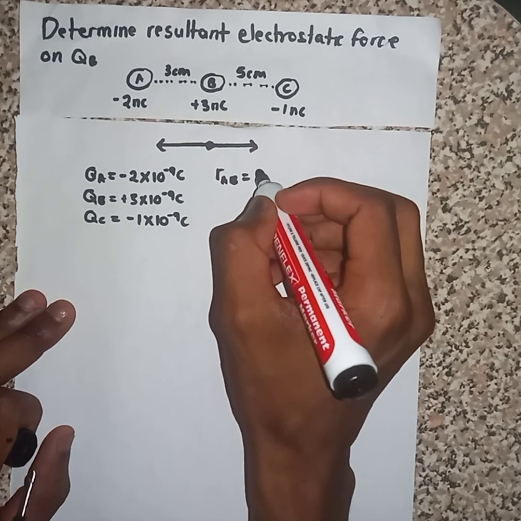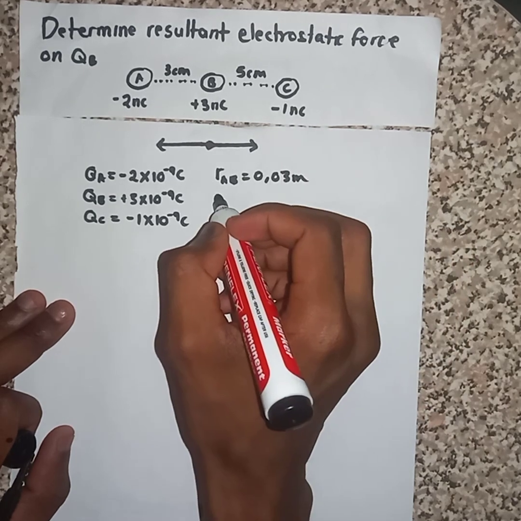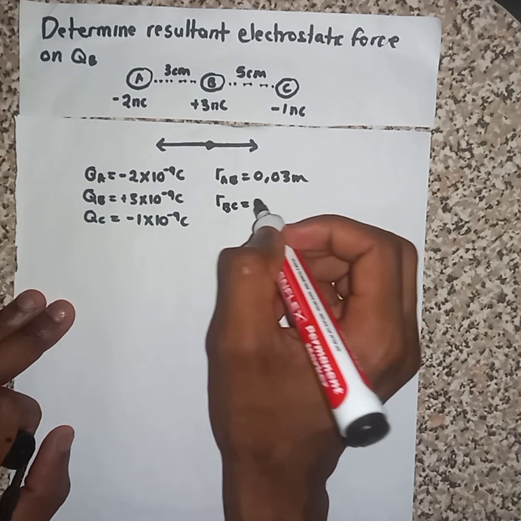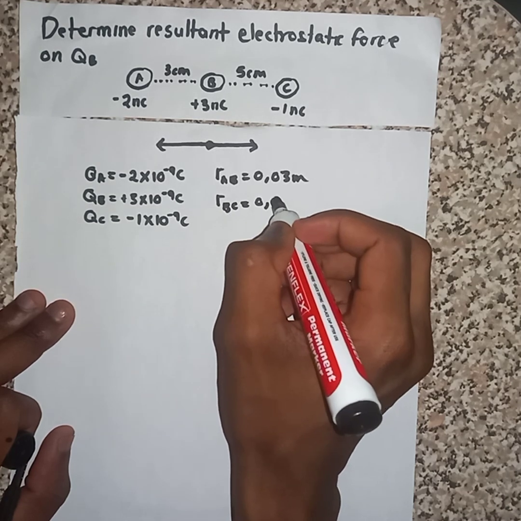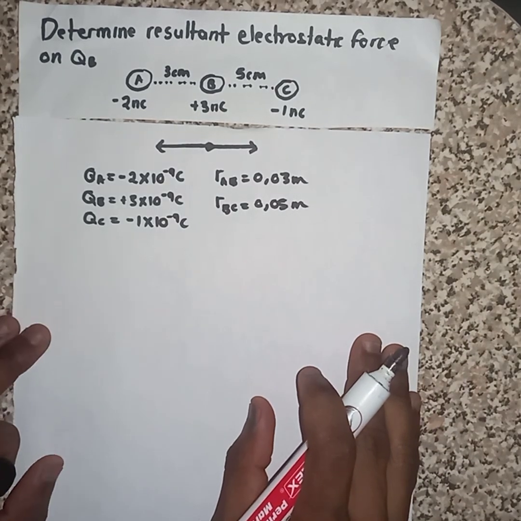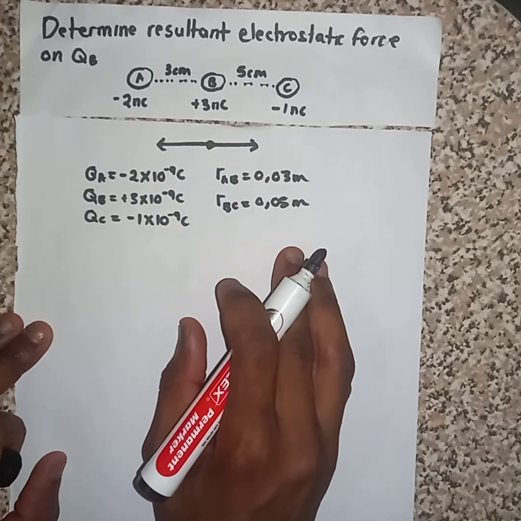Then we get 0.03 meters. So simple. Do the same for B and C, and we get 0.05 meters. At this point we have converted everything.